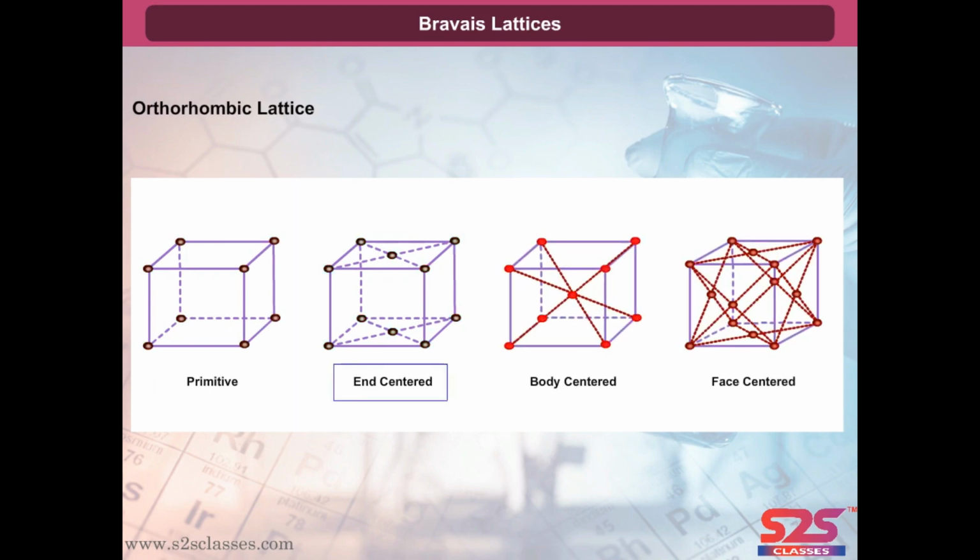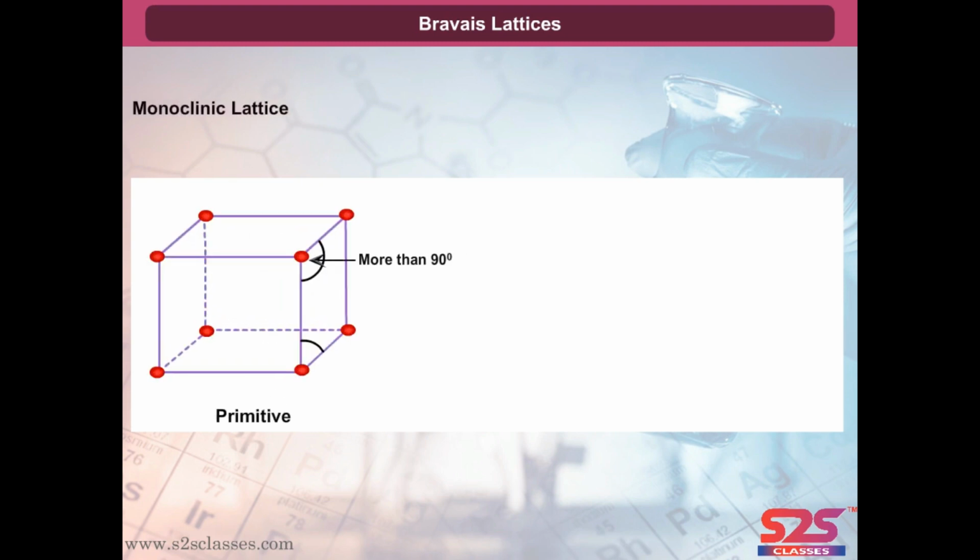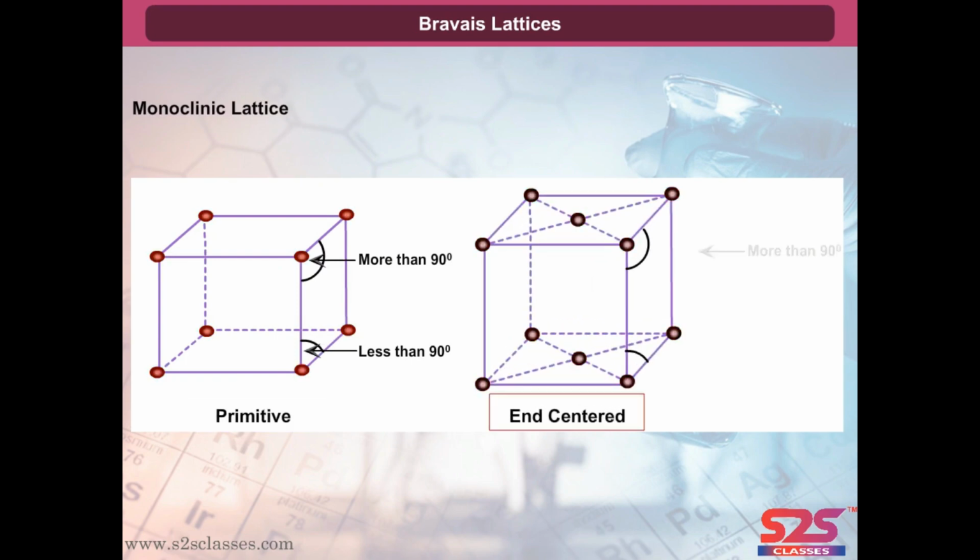These are primitive, end-centered, body-centered and face-centered. These lattices have unequal sides and the angles between their faces are equal to 90 degrees. Monoclinic lattice: there are 2 types of monoclinic lattices. These are primitive and end-centered. These lattices have unequal sides and 2 faces have angles other than 90 degrees.